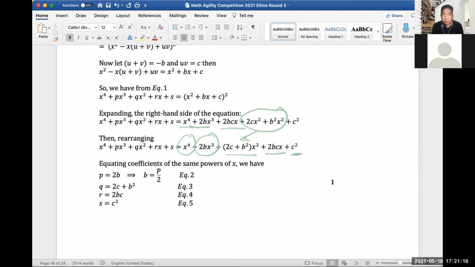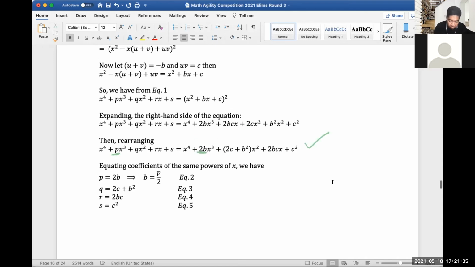So now look at the equation. If we try to equate the coefficients of the same degrees or powers on this equation, we will see that p, so this p here, is actually equal to 2b, right? And q would be equal to 2c plus b squared here.